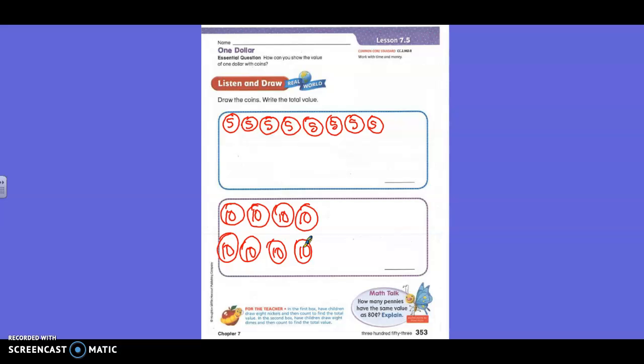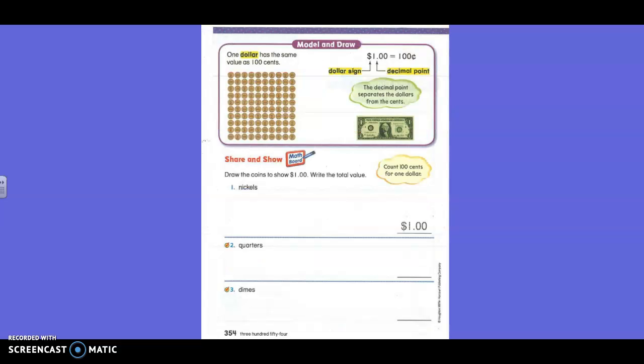Once you have that written down as how much money that is, turn your paper over if you have the total.